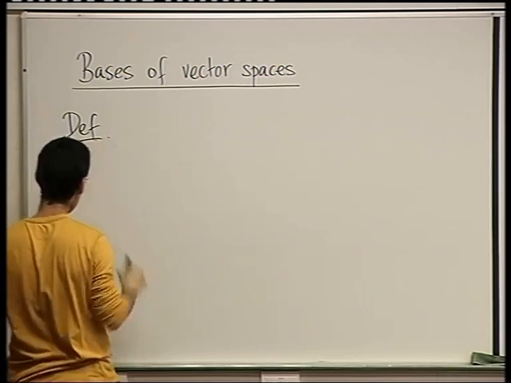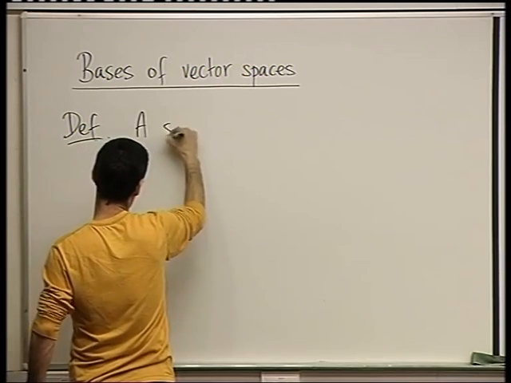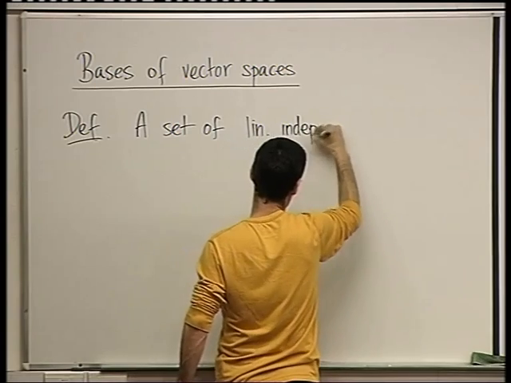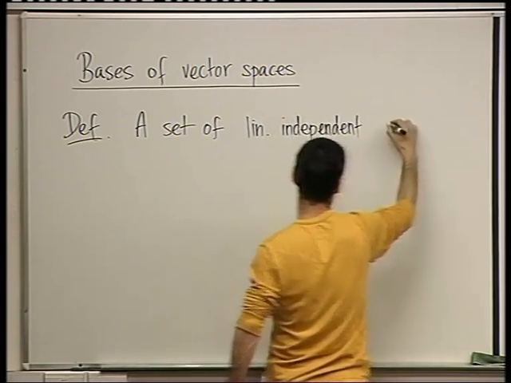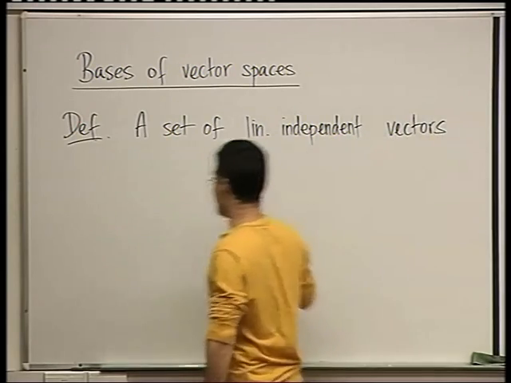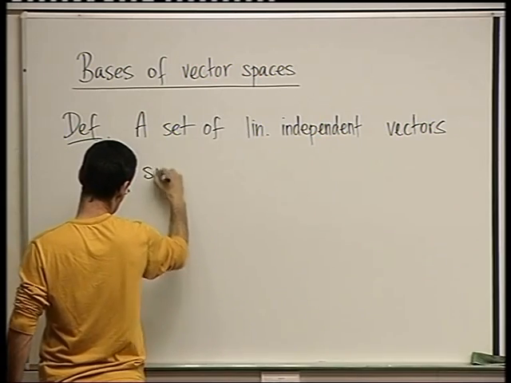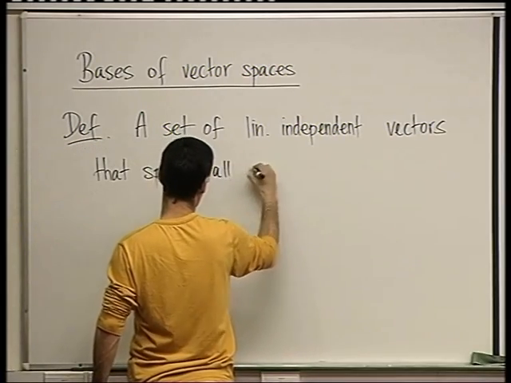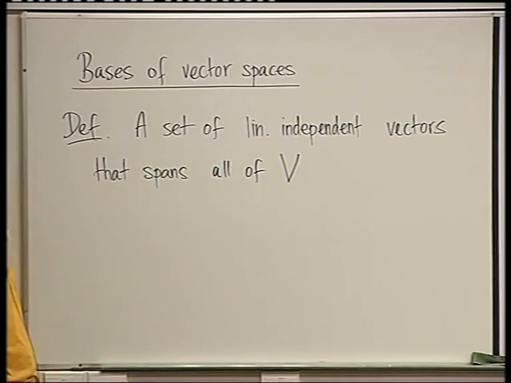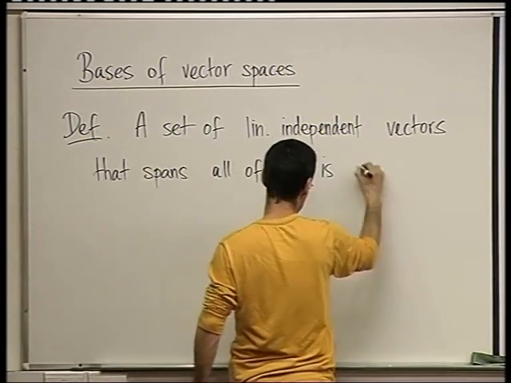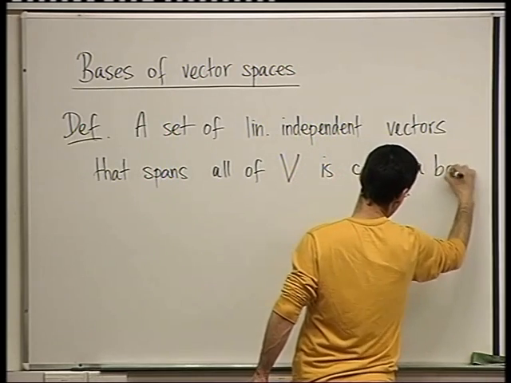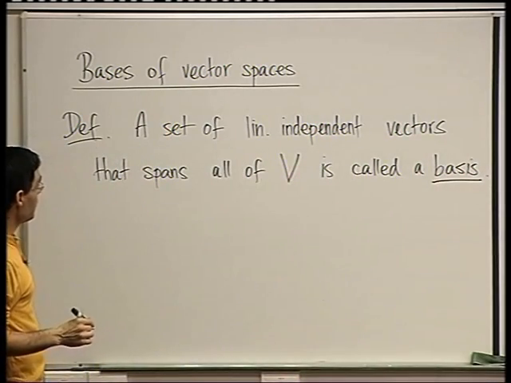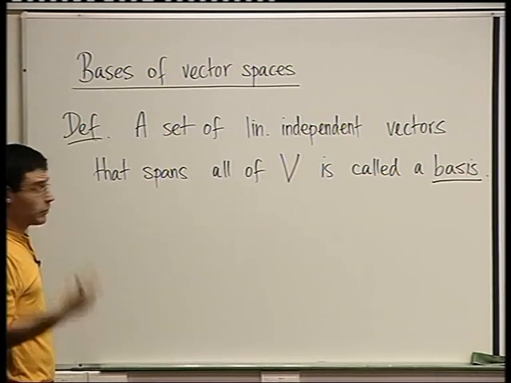So a set of linearly independent vectors that spans all of the space, the entire space, that spans all of V. V is the big vector space we live in, is called a basis for V.